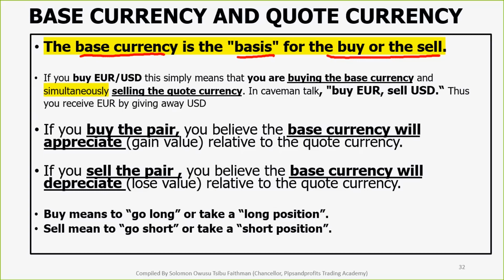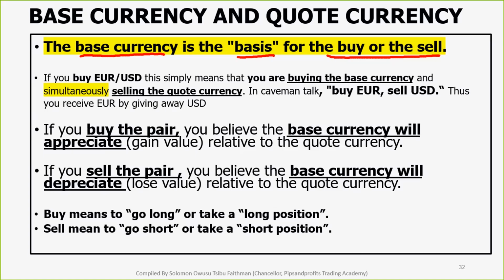Okay? So, for example, if you buy Euro USD, we are buying, we have started Forex right now. If we buy Euro USD, it simply means that you are buying the base currency and simultaneously selling the quote currency. Take note of that.